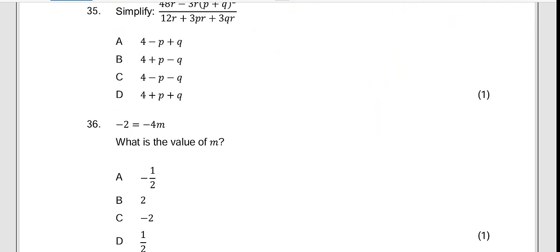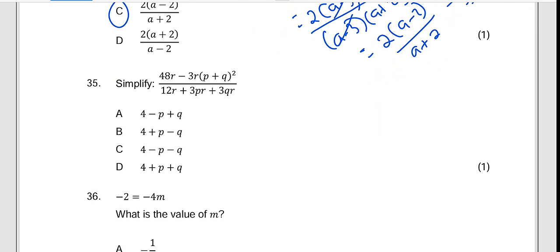So let's proceed to number 35. Simplify. Number 35, simplify. We have 48r minus 3r times p plus q to the exponent of 2, and 12r plus 3pr plus 3q plus 3qr.